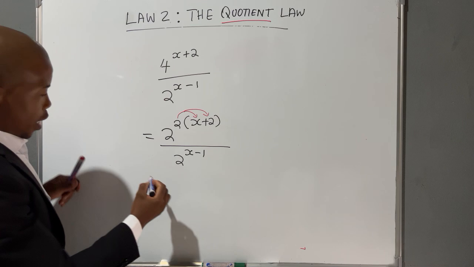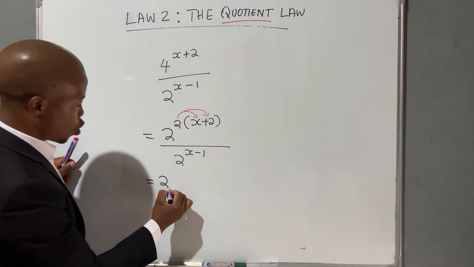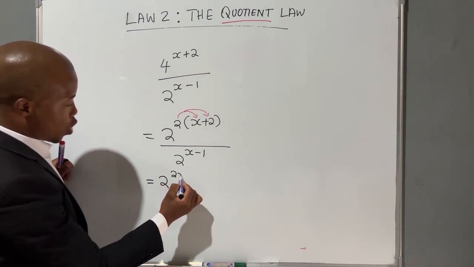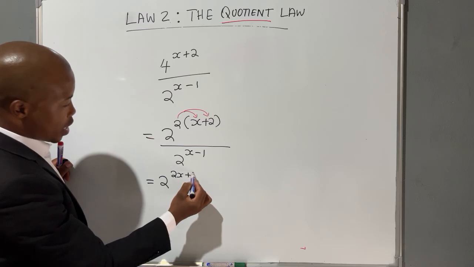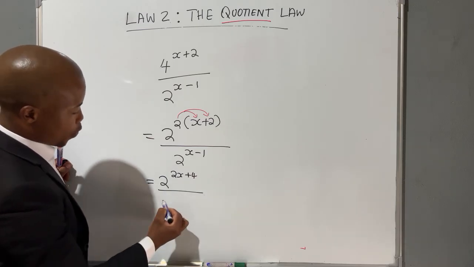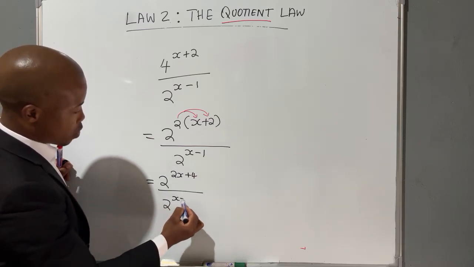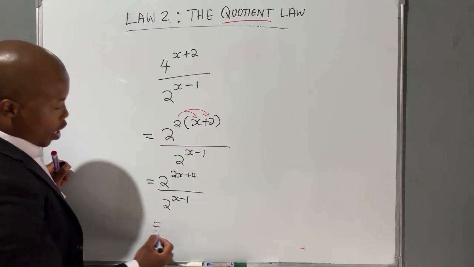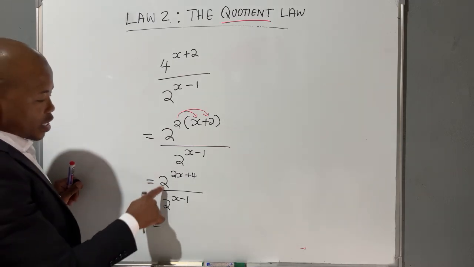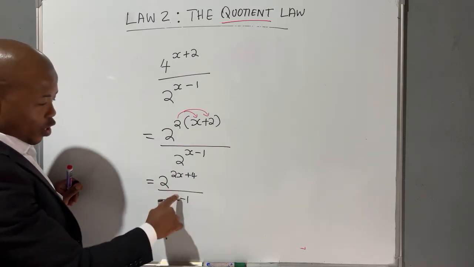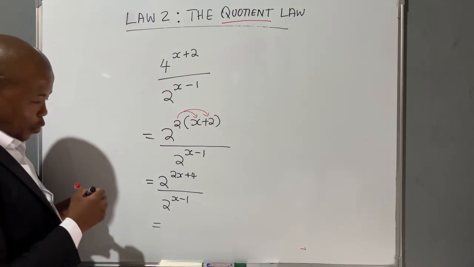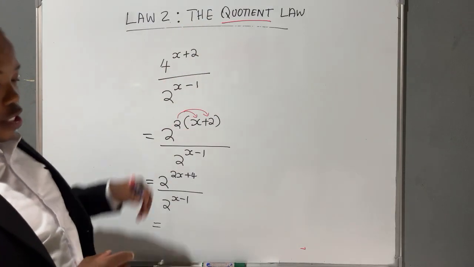Now you're going to have 2 to the exponent 2x plus 4, over 2 to the exponent x minus 1. If you look at this, the bases are the same, and then you have your exponents, so the quotient law still applies.